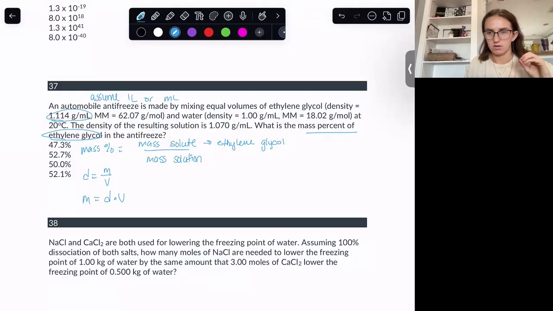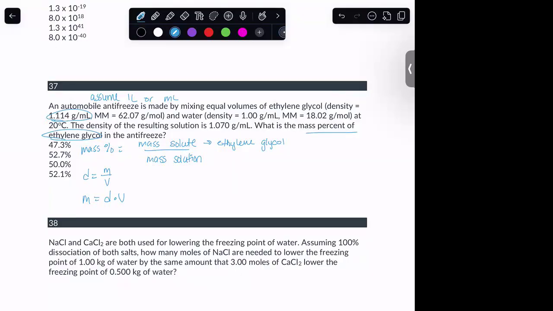Does that make sense? Okay, so once you had mass is equal to density times volume, what did you do from there? How does that help us?